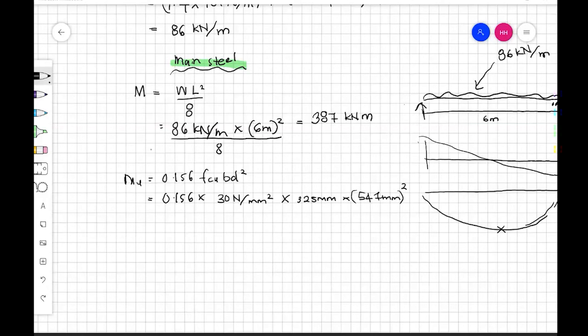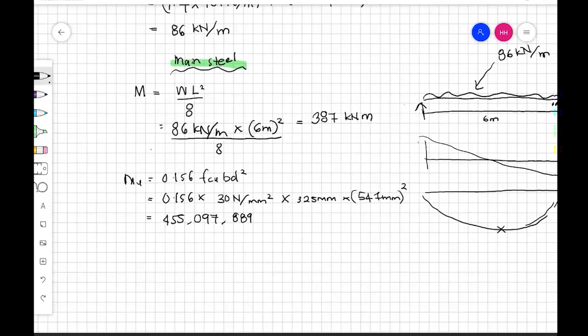This ultimate moment resistance, Davis, yes madam, berapa? Kira dulu. 557. Lepas tu ada lagi nombor kat belakang. Nombor 889. 889. Betul. Okay.